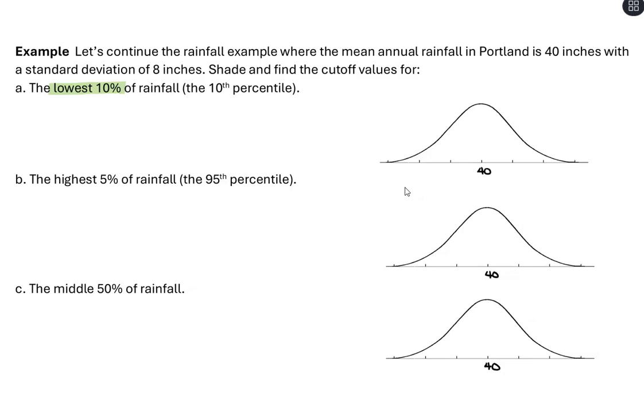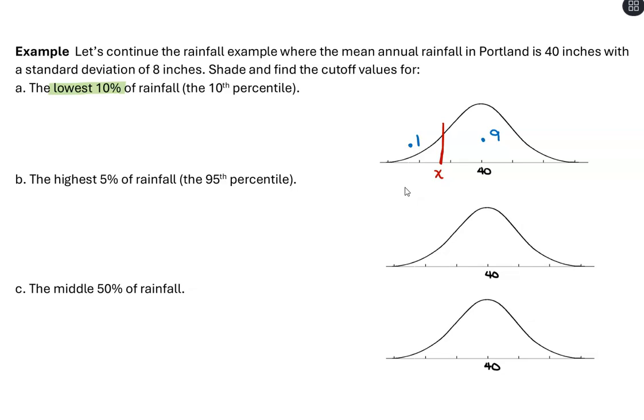So I would have some cutoff value, maybe over here-ish, and let's call that X. And we're cutting that in such a way that 10% of the data is to the left, which means 90% of the data is going to be to the right-hand side.